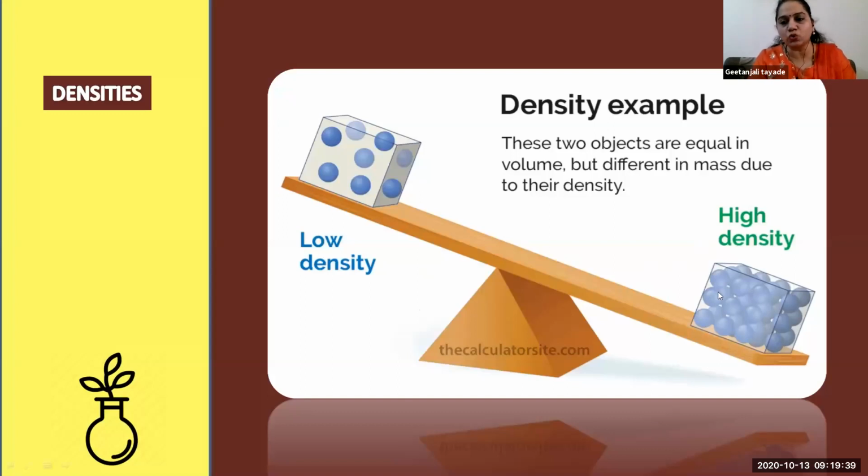So though they have the same shape or volume, one is heavier and the other is lighter, and that property is called the density of that substance. Density means having more mass per unit volume. In this lower density box, there is very little mass.